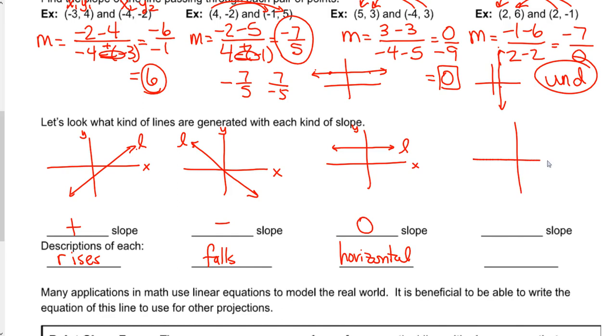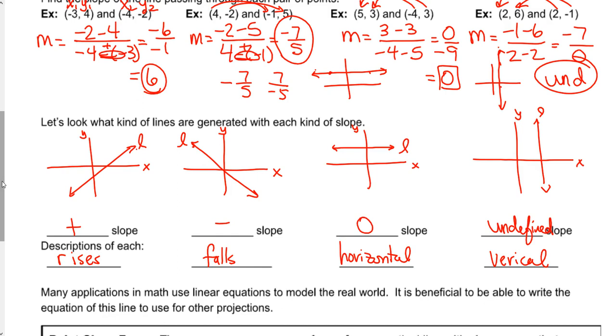And so here is my x and here is my y. I'm going to just draw some vertical line somewhere, call it line L. This is if we have an undefined slope. And the description of the line is that it is vertical. Okay? All right, very good.